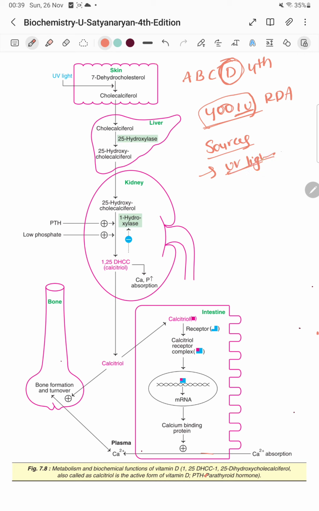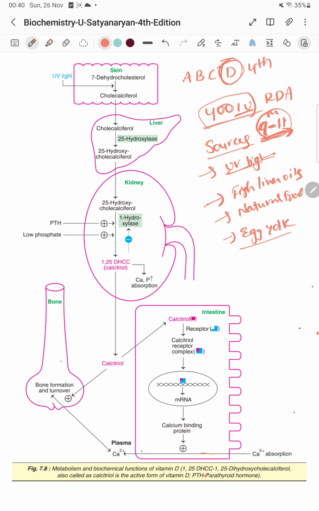You get sunlight in the early morning, around 9 to 11, and this sunlight is enough to get vitamin D if you expose your skin to it. But in snow areas or mountains, for example if you go to the Himalayas, where you cannot get enough sunlight to synthesize vitamin D, you need to take foods like fish liver oils, natural unfortified foods, and egg yolk.